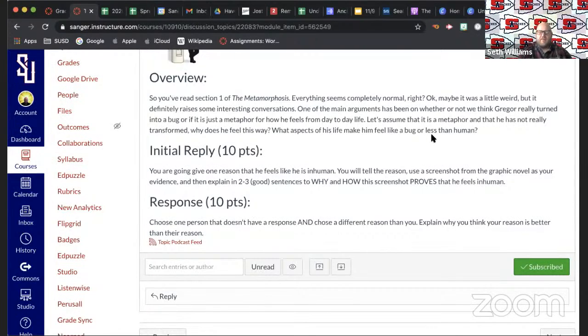So again, he does turn into a bug in the story, but I want you to write about how it could be metaphorical about his life. How could it be representative of how Gregor Samsa feels? So you need to find evidence. You're going to give one reason that he feels inhuman. You will tell the reason, use a screenshot from the graphic novel as your evidence, and then explain in 2 to 3 good sentences why and how this screenshot proves that he feels inhuman.